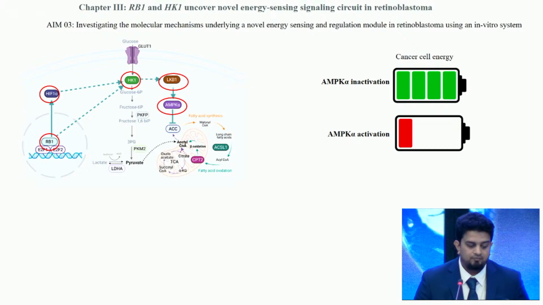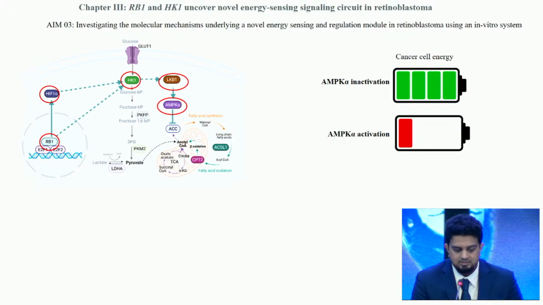So inhibition of fatty acid metabolism further reveals information using metabolic flux analysis. Like, when AMPK is inactivated, the retinoblastoma cells have high energy turnover or ATP turnover, but when you activate AMPK using hexokinases or RB, this cell energy is significantly low.